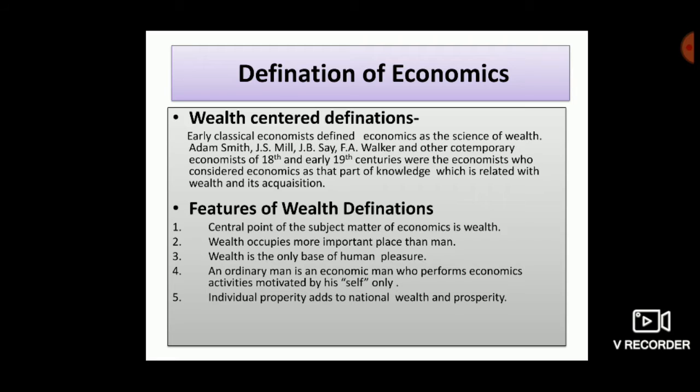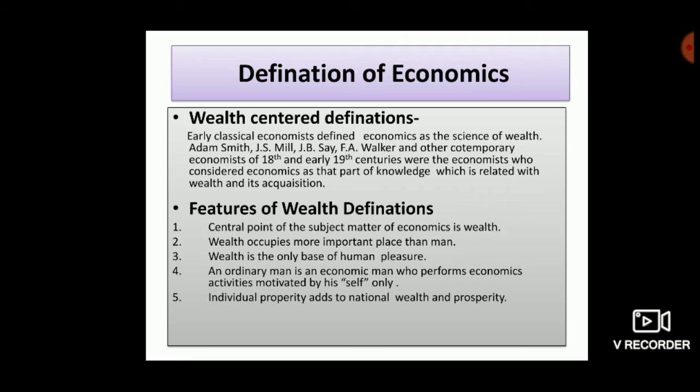Some of the definitions under this category can be quoted, like: political economy is a study of the nature and causes of the wealth of nations, given by Adam Smith. J.B. Say says that economics is the science which treats of wealth.